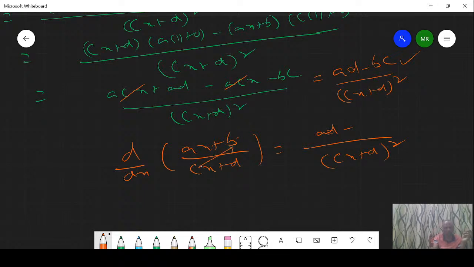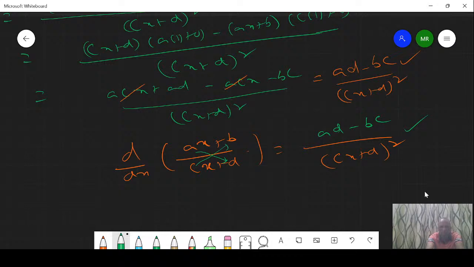You take a and d, ad, minus b and c, bc, by (cx plus d) whole square. That is (ad minus bc) by (cx plus d) whole square.